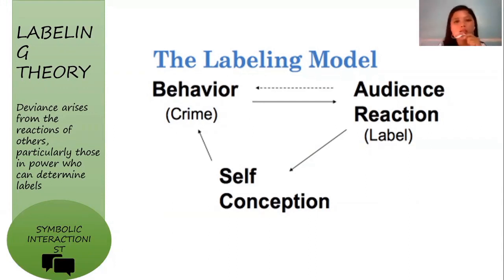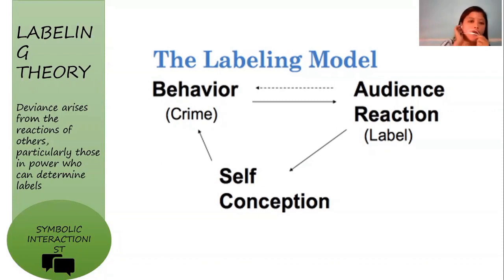As you can see, this is the labeling model. We have the behavior, audience reaction, and self-conception. According to Edwin Lemert, there are two types of deviance. We have primary deviance and secondary deviance.